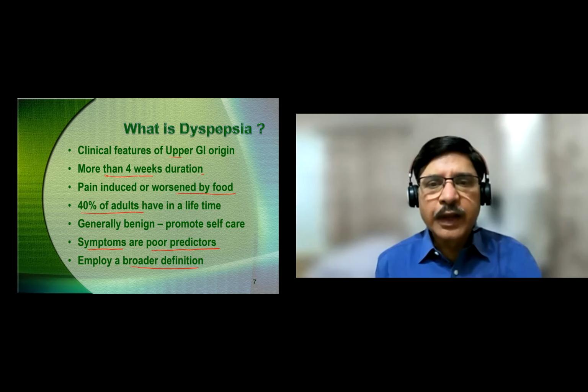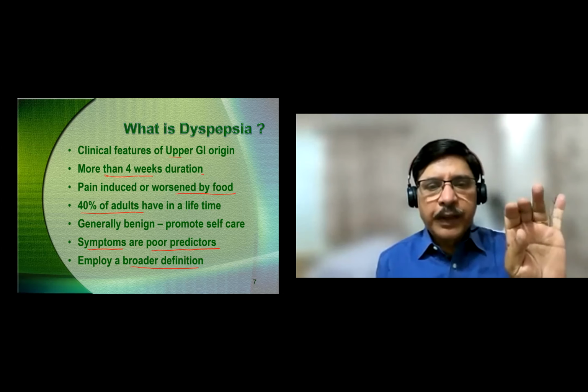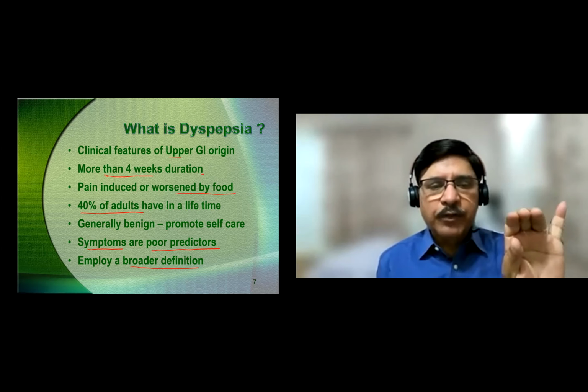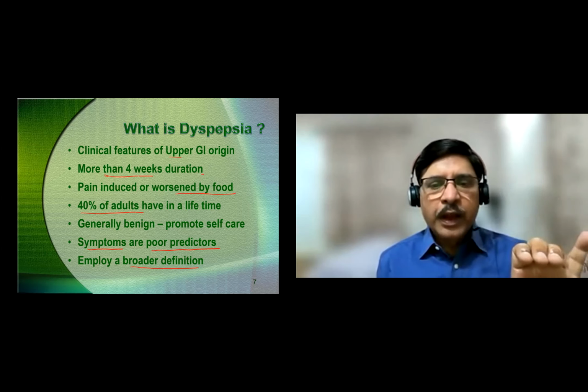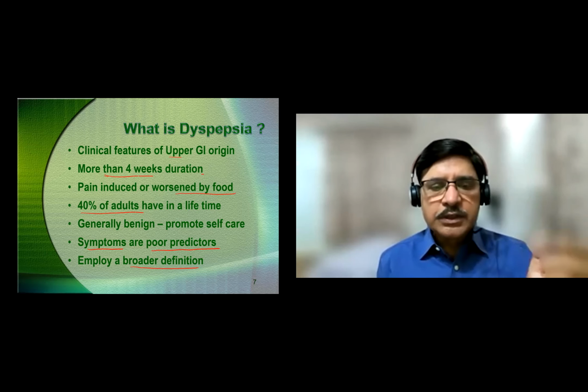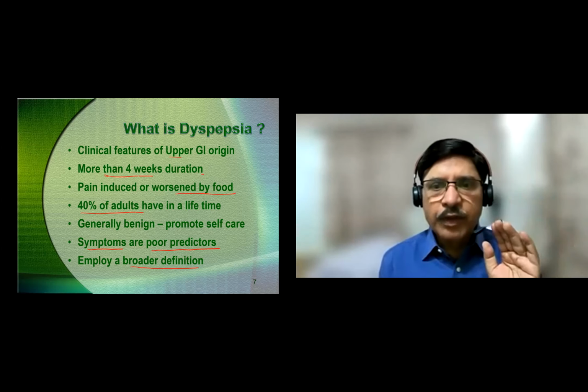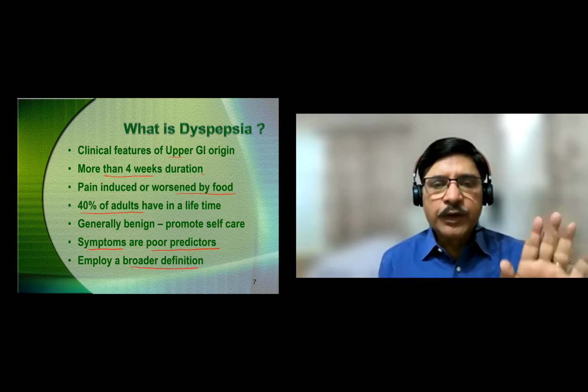Dyspepsia is a chronic condition, minimum of 4 weeks duration. Upper GI symptoms must be there. Pain must be induced or worsened by food, in relation to food. And the majority of adults do have dyspeptic symptoms, generally benign. Symptoms may not tell me the severity of the disease. So when I say dyspepsia, hereafter, these are the things that you need to keep in mind.